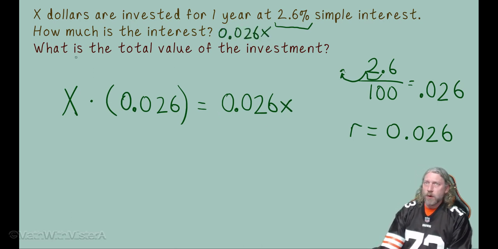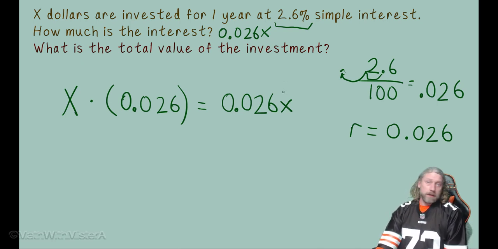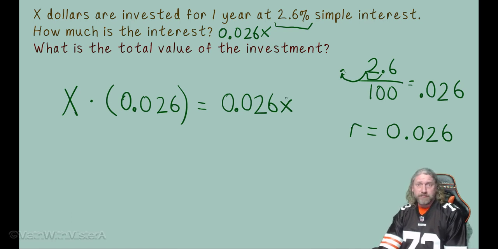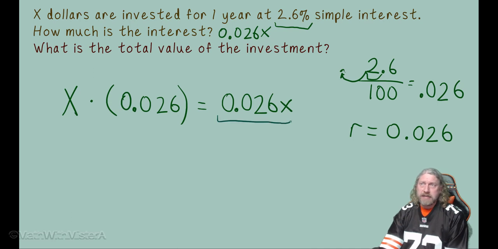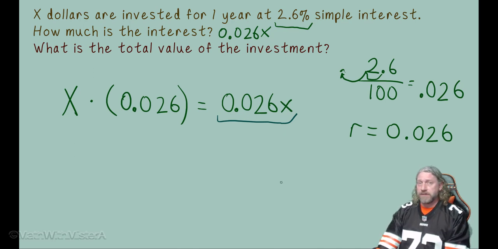For that follow-up question, what is the total value of the investment? Again, we want to remember what we did in the problems where we actually had that information, where we had the actual numbers. Once we calculated the amount of the interest, we would want to add that back into our original principal, the original amount of the investment.